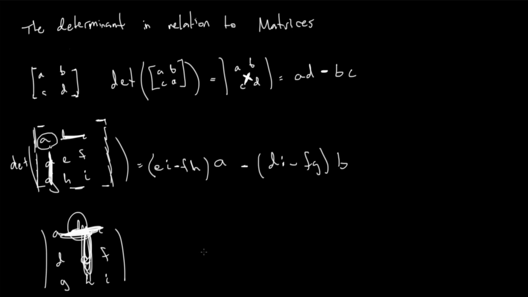When doing this algorithm, we put a minus right here, which will become apparent later when you're in Precalc C. So we have EI minus FH times A, minus DI minus FG times B.